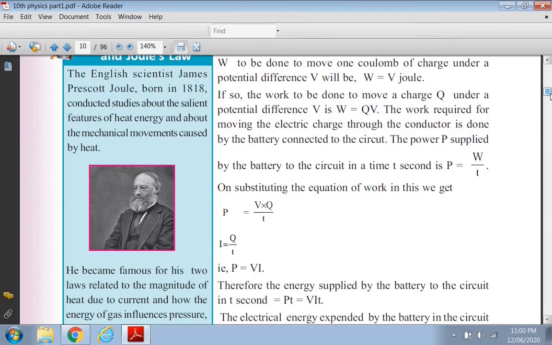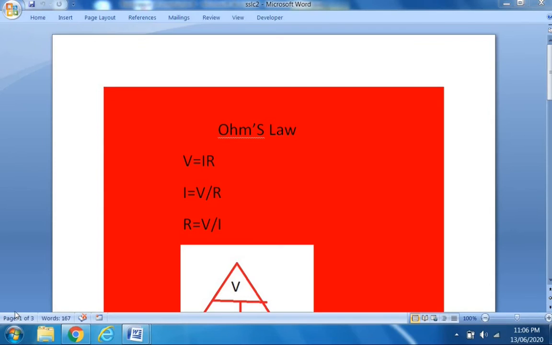Now we have to find an expression for the electrical energy. Let's see what happens. The expression for Ohm's law, which connects voltage V, current I and resistance R, as you all know, is V is equal to IR, I is equal to V by R, and R is equal to V by I. Always remember this triangle.